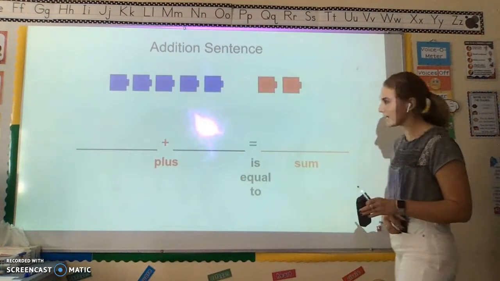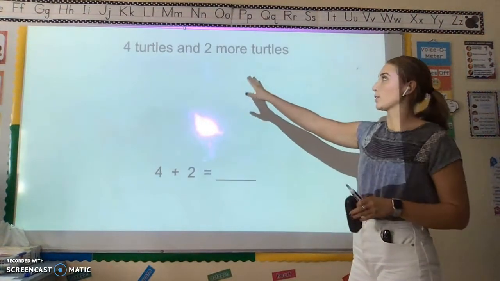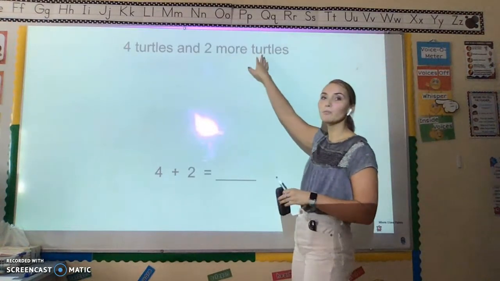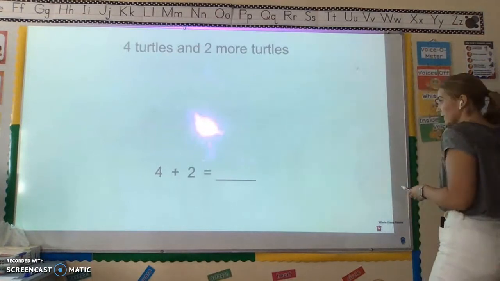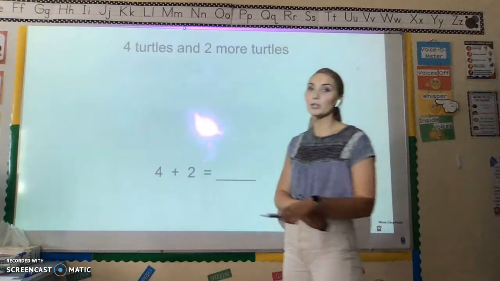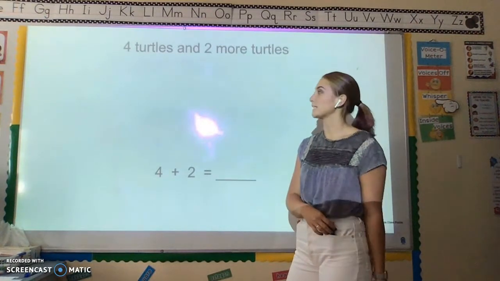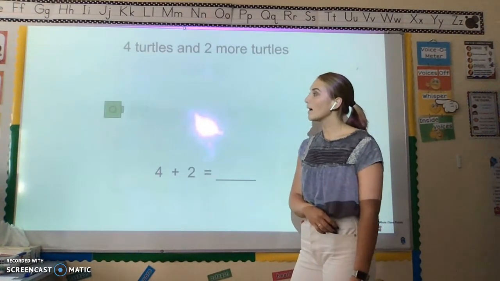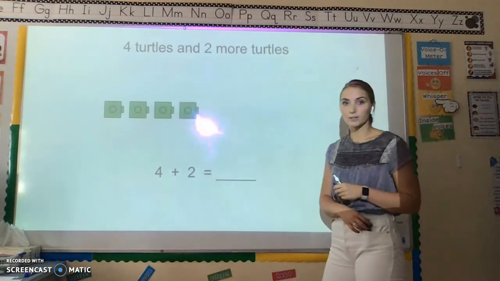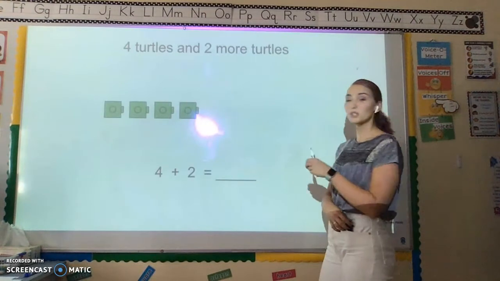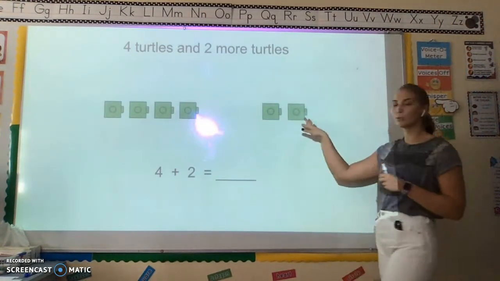All right, let's do another example. 4 turtles and 2 more turtles. All right, boys and girls, I'm not going to draw turtles today. I'm going to use cubes to show my addition problem. So 1, 2, 3, 4 turtles. And 2 more turtles. 1, 2 more turtles.